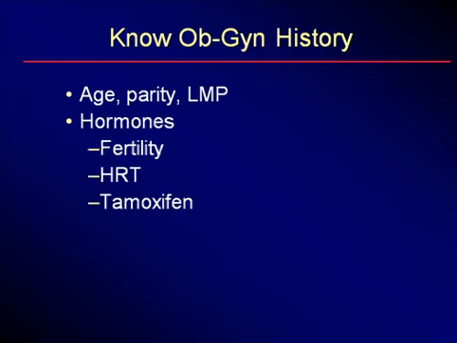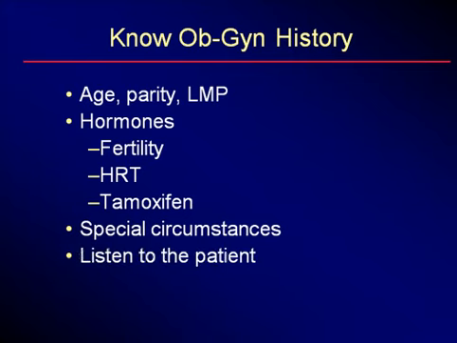Is the patient on any specific kind of hormones for fertility treatment, for replacement therapy, or has had chemotherapy, any type of agents that could affect the appearance of the reproductive organs, any special circumstances in this patient, and listen to the patient.